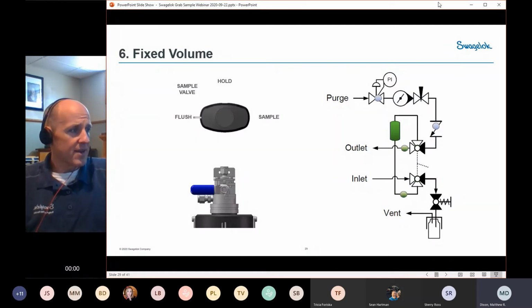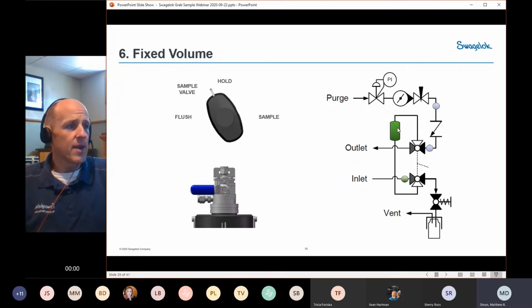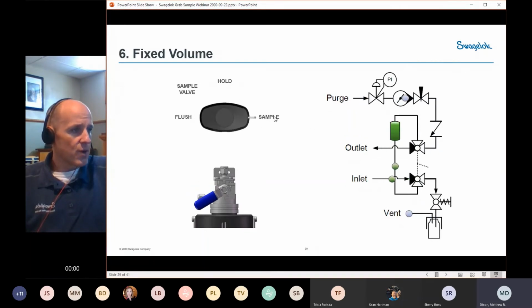Now that we've got that fixed volume chamber full, and we've let that fluid flush through here, we've got a good representative sample in our fixed volume chamber. Now we can make the switch and turn on the purge, and our purge fluid, in most cases nitrogen, pushes that liquid out of here and into our sample bottle down below.